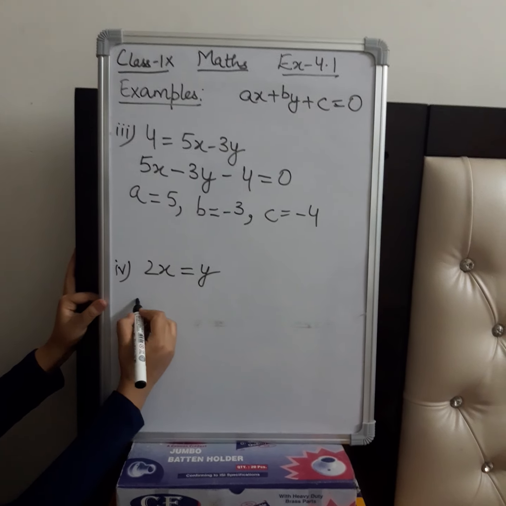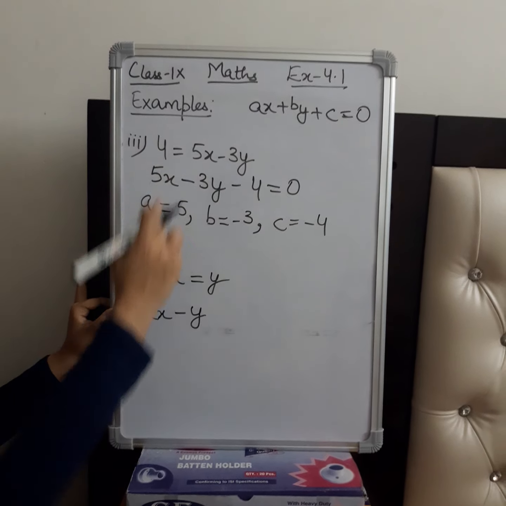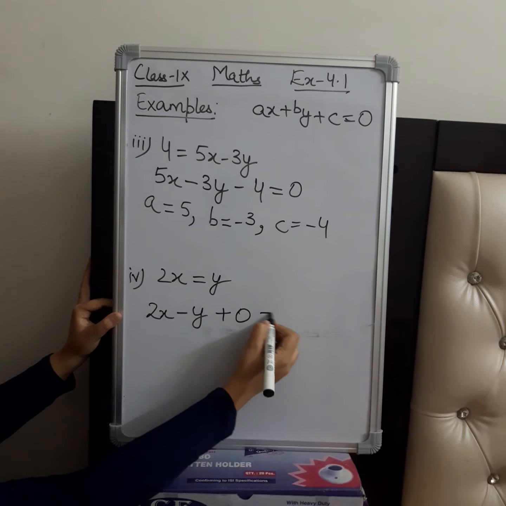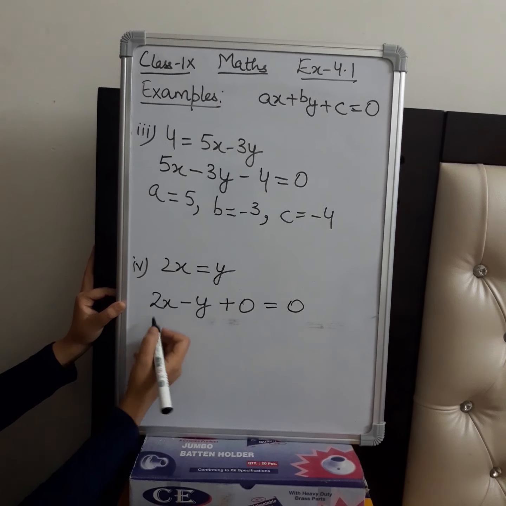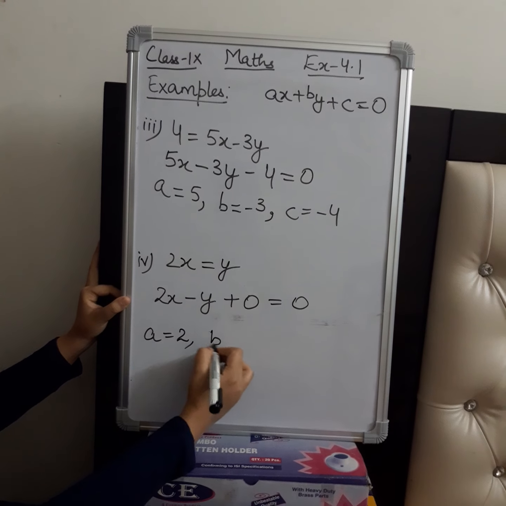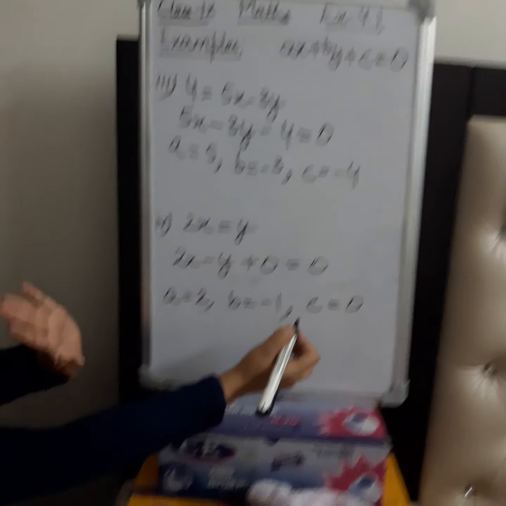Similarly, now here 2x minus y. See here ax plus by, but c is not there. So we can write it as plus 0 is equal to 0. If we compare, a is 2, b is minus 1 and c we take as 0.